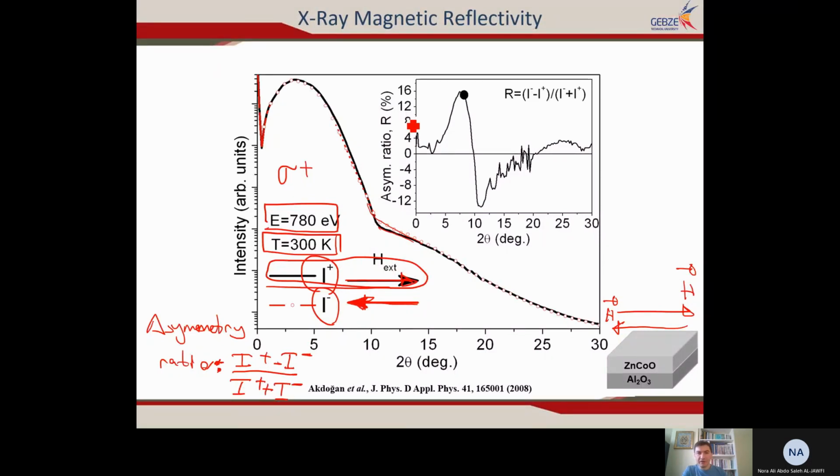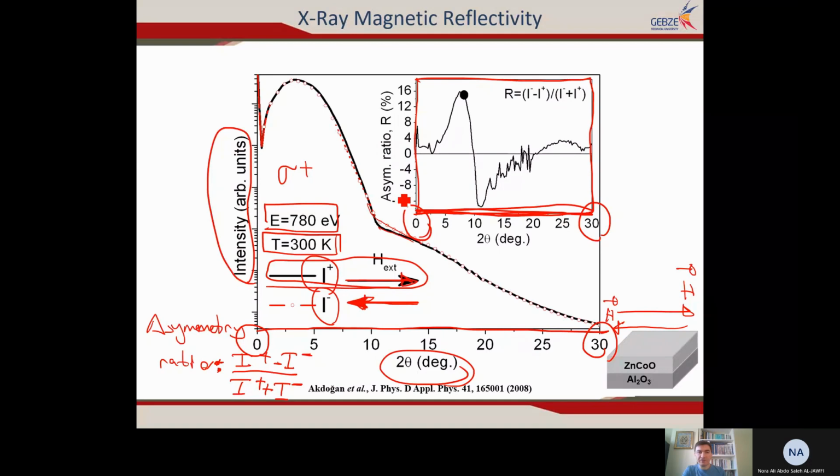So here in the inset of this figure, we have the asymmetry ratio of these two reflectivity curves. Look at the x-axis. We have 2 theta. It starts from 0 and goes to 30 degrees. So this x-axis is the same, but here we have intensity.